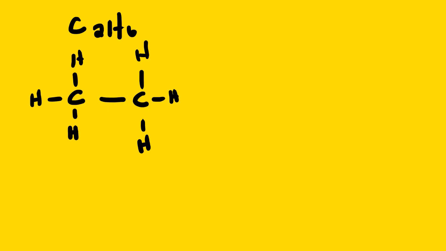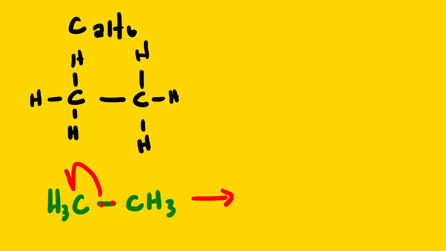Then we can just write it in this manner: H3C bonding with CH3. So we have electrons here. You can see this is a covalent bond. And then when they undergo homolysis, we're going to have something like this.